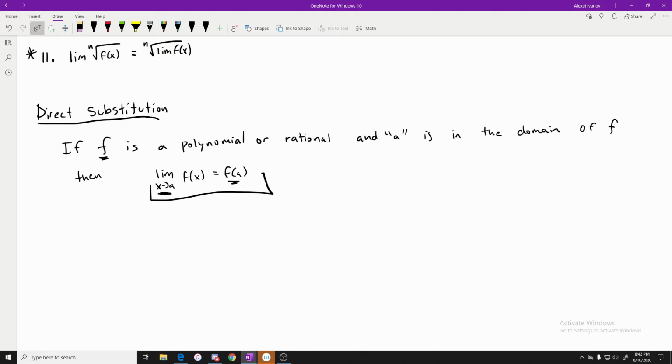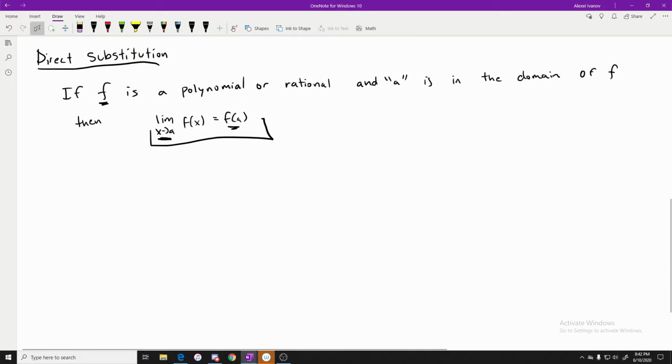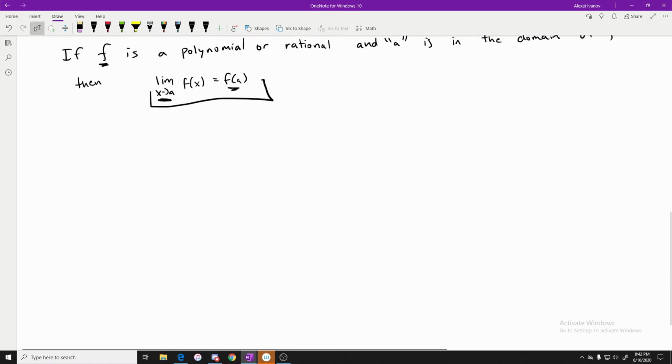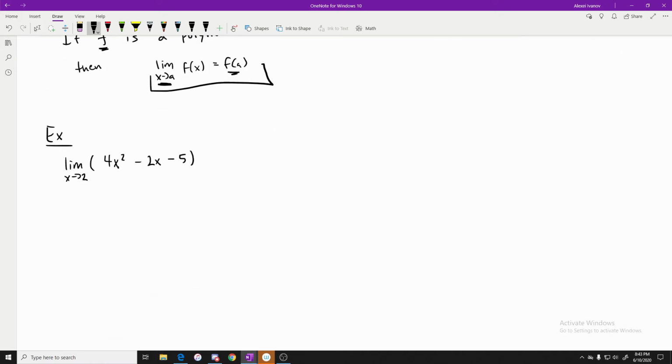But let's start off with a very simple example of how we can apply this direct substitution as well as these limit laws to a very, very simple problem. So let's look at this example right here, and we are given this problem to find the limit of 4x squared minus 2x minus 5 as x approaches 2.